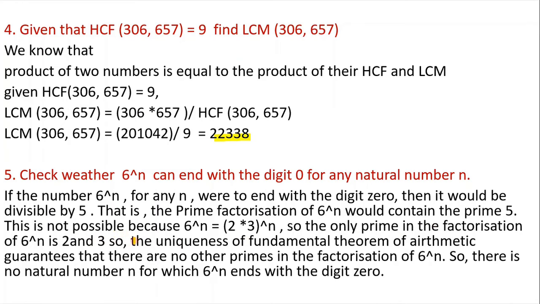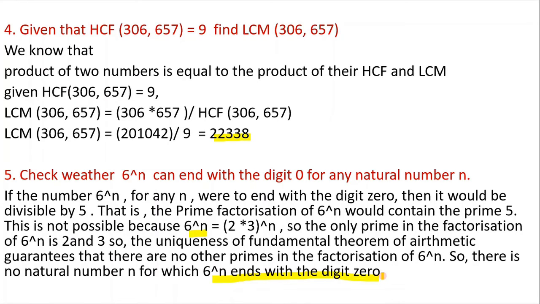This is not possible because 6 power n is factorized as 2 into 3 whole power n. It does not contain any 5 term, hence the uniqueness in the fundamental theorem of arithmetic guarantees that there are no other prime factors for 6 power n, so there is no natural number n for which 6 power n ends with the digit 0.